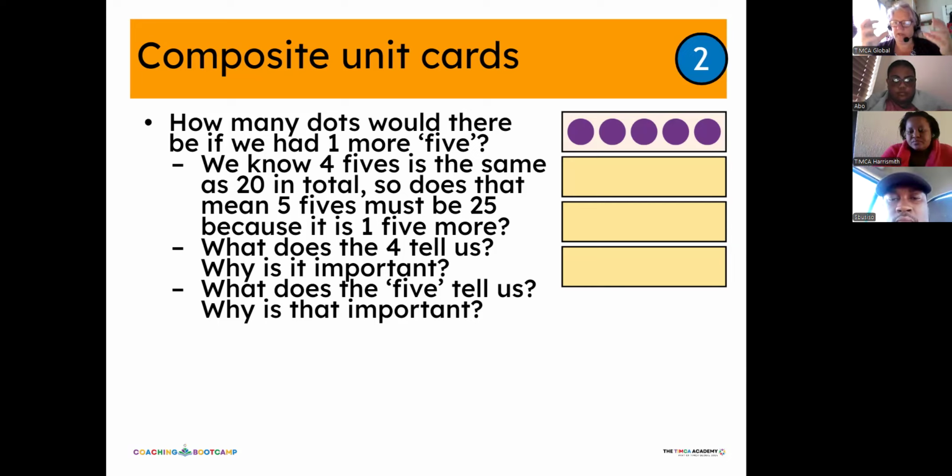Okay, so yes, we're working with 5. So this is our composite group, if you like, isn't it? It's our composite unit that we are visualizing in our heads, this group of 5. And it's the number of things that are in that group that we have to work with. So there's 5 individual things in the group, and we make one group of 5. Okay.